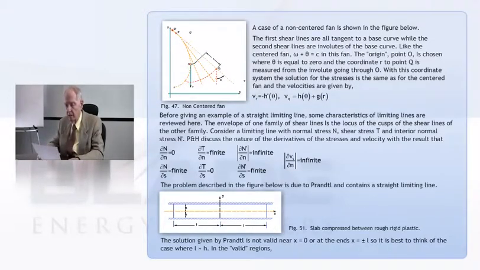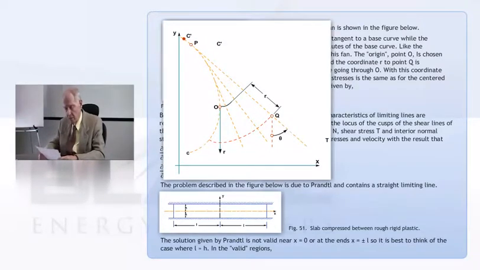And briefly, what it all amounts to is that there is a base circle, the dashed line C on the top figure, which is generating the shear lines, and these lines are involutes of the base circle, but I don't think that it's all that important.